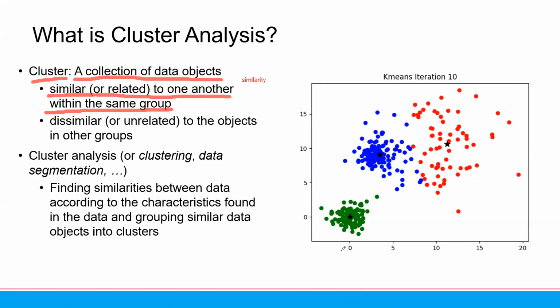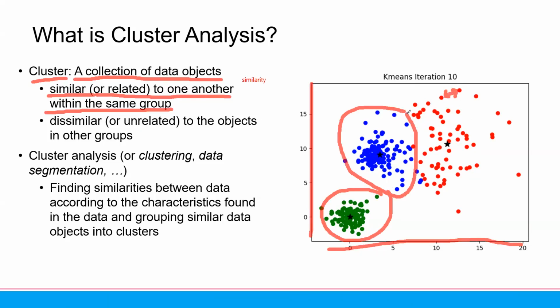So if we have this data, then I'm going to check whether they are similar or not. What is the similarity? We can check based on the distance. So in this case, all the objects are in the similar distance.